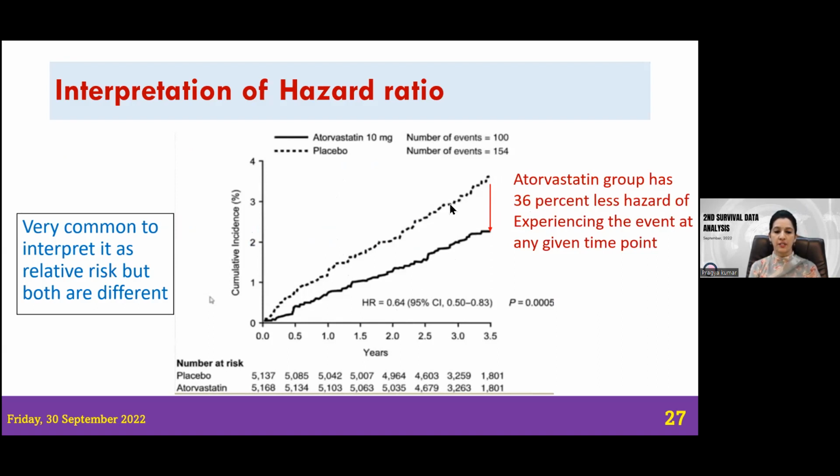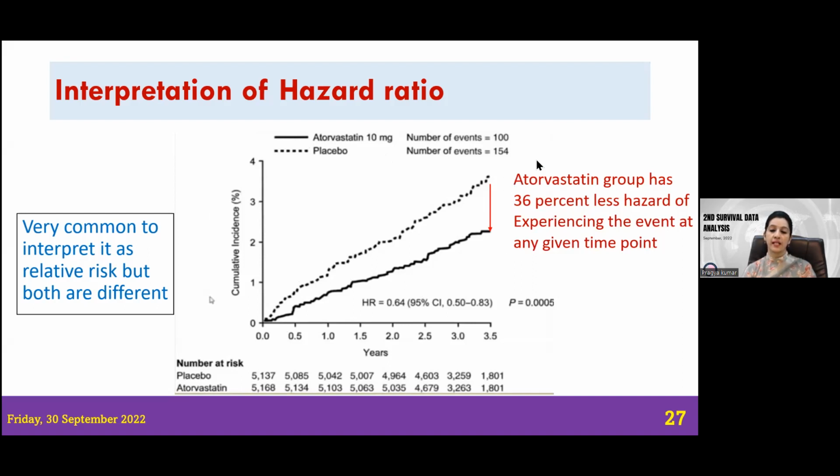This solid line is for the atorvastatin group, and the dash is for the placebo, the traditional treatment. And X and Y is in years, and this is the cumulative incidence, which is the hazard in this case.